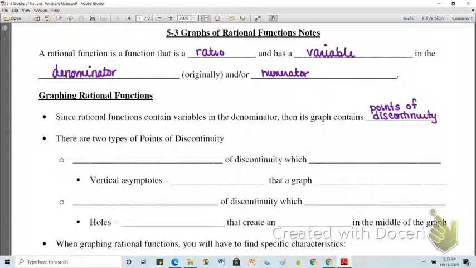So there are two types of points of discontinuity that we are going to look at. We are going to look at the non-removable points of discontinuity, and these are numbers that would make my denominator 0.